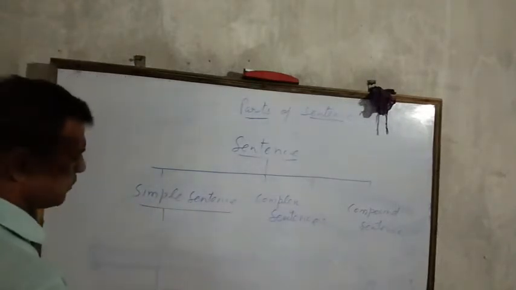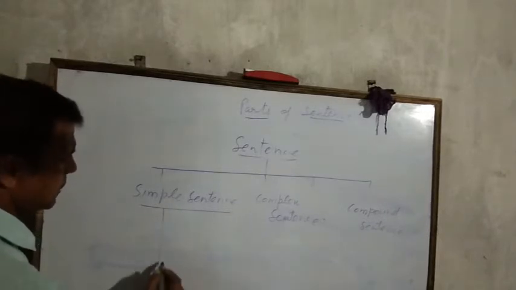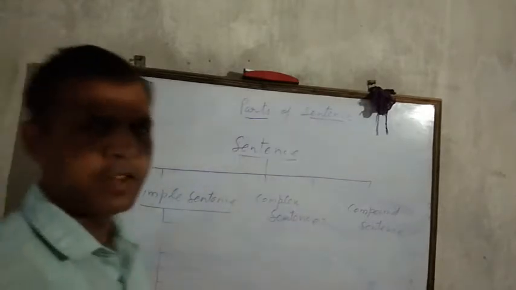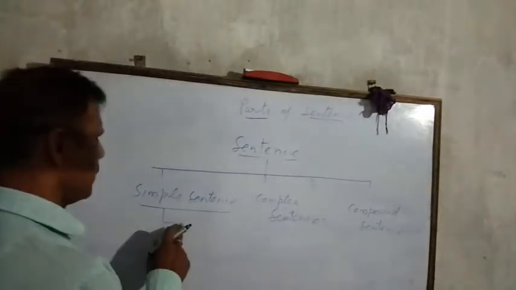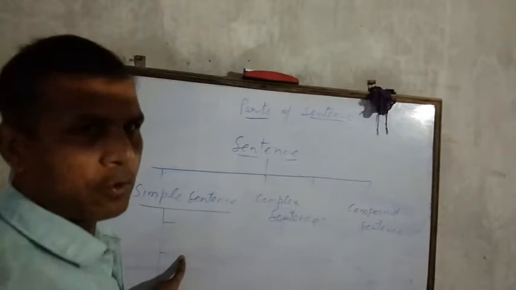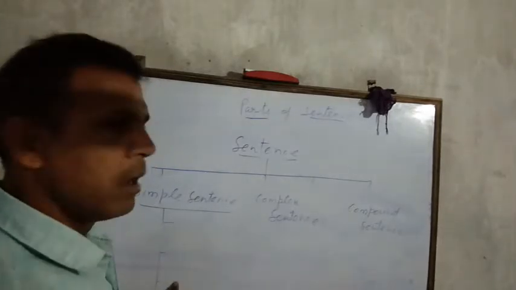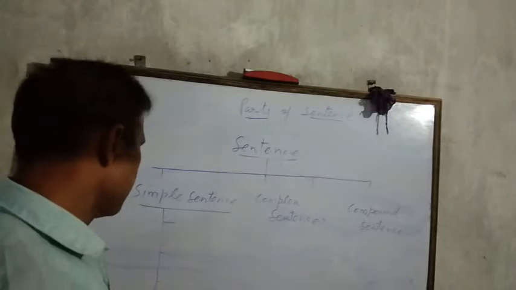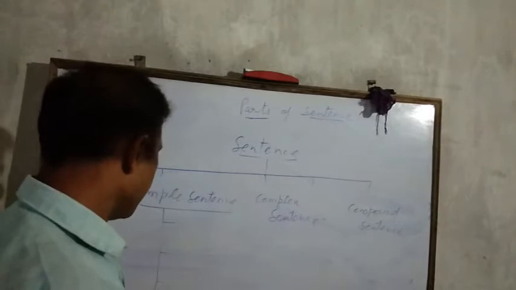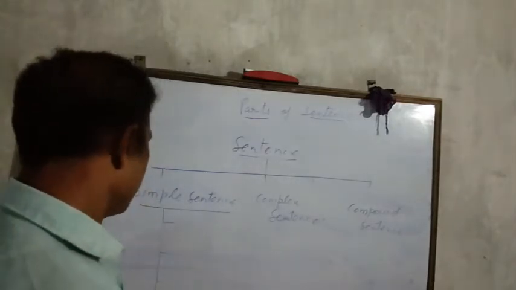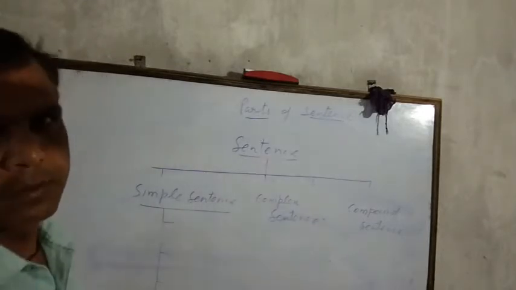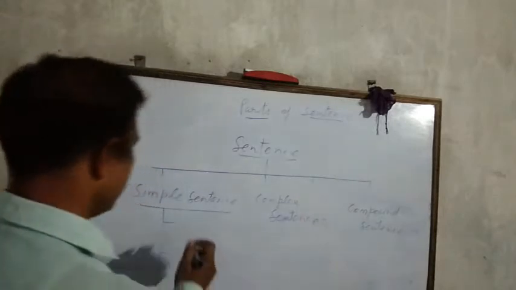Simple sentence has 5 kinds: declarative sentence, interrogative sentence, imperative sentence, exclamatory sentence, and optative sentence.